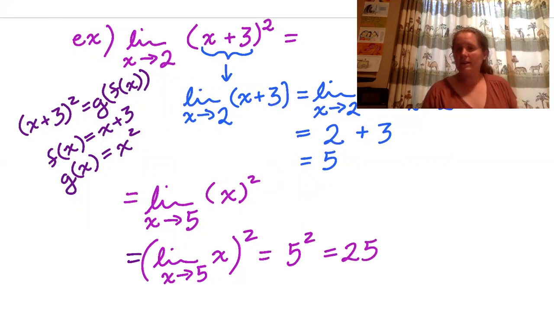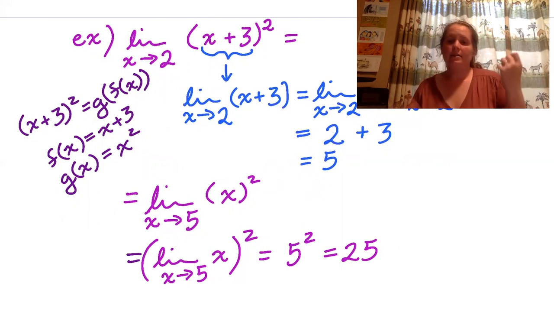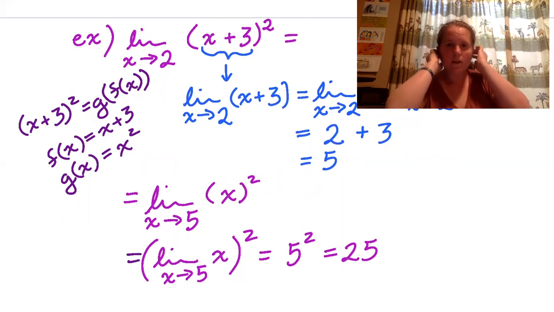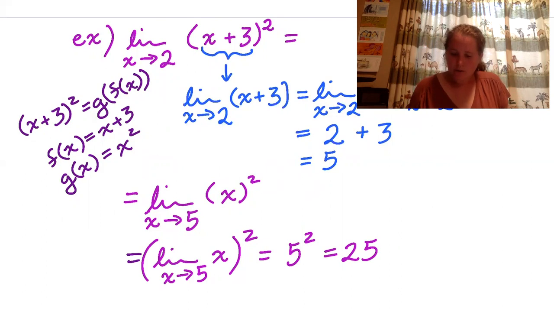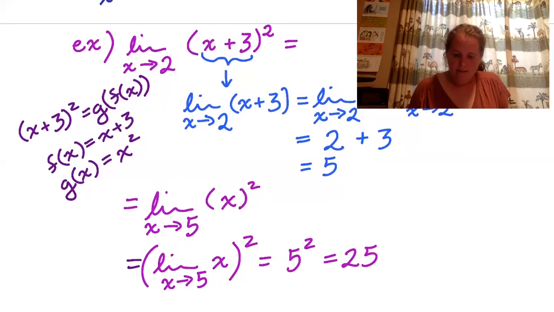So we can take limits sort of from the inside and work our way out, as long as each series of limits then holds. So this is what we have here. Our limit is just 25.